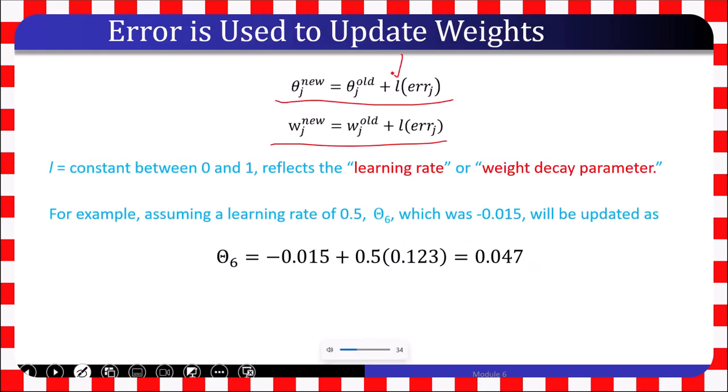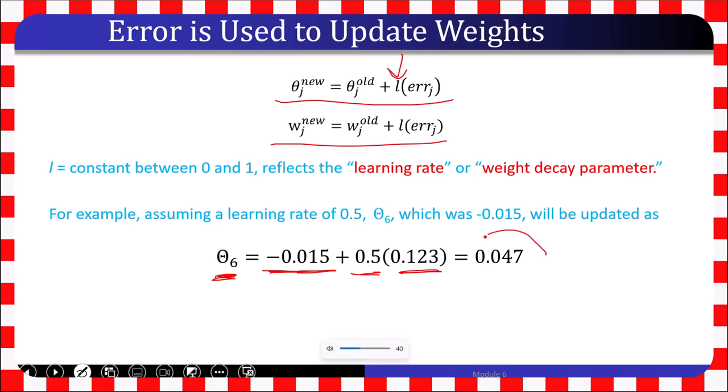There's a term here called L. L is the learning rate. The learning rate is also developed by the model. Assuming a learning rate of 0.5, for example, the bias in node 6 is updated as follows. Initially, the bias 6 was set as negative 0.015, and now the updated version is the previous bias plus learning rate times the error I calculated a moment ago.